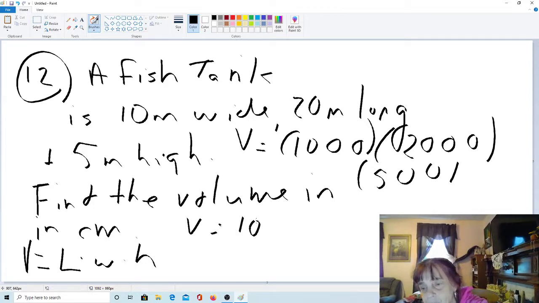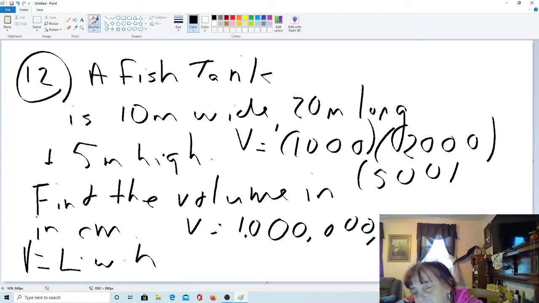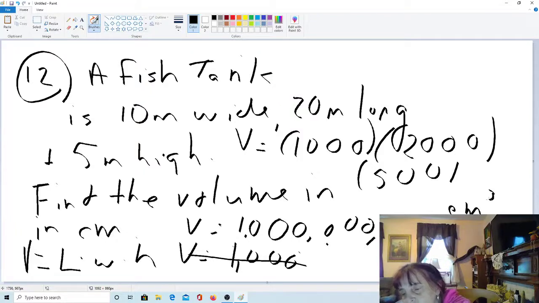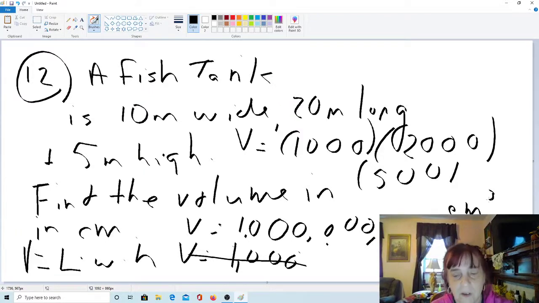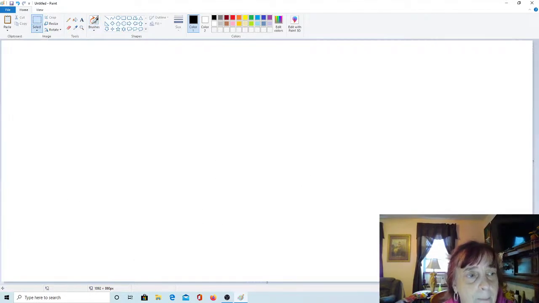And you have 3 zeros, 3 zeros, and 2 zeros. Okay, 1 times 10 to the 9th cubic centimeters. The volume is 1 times 10 to the 9th cubic centimeters.